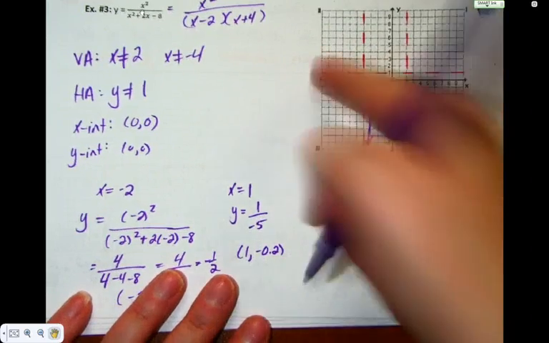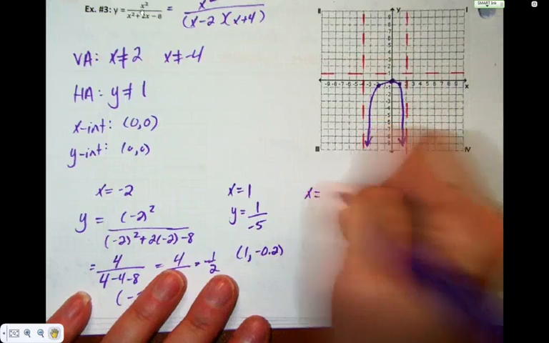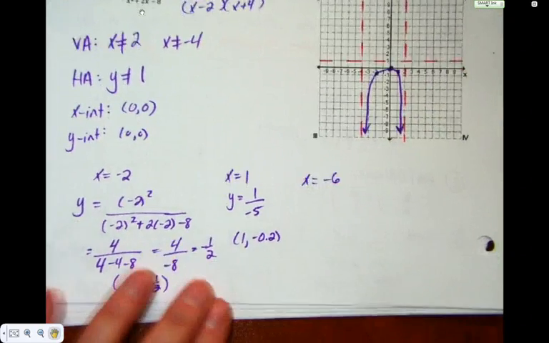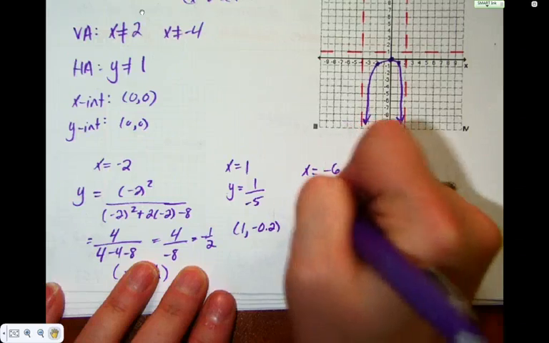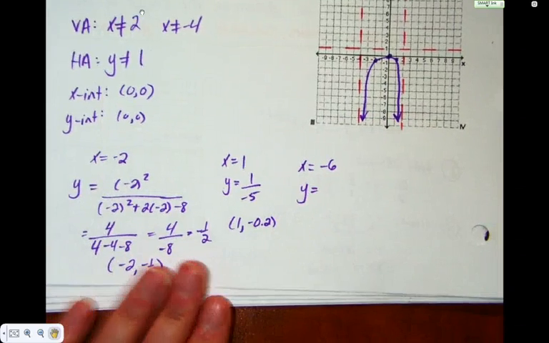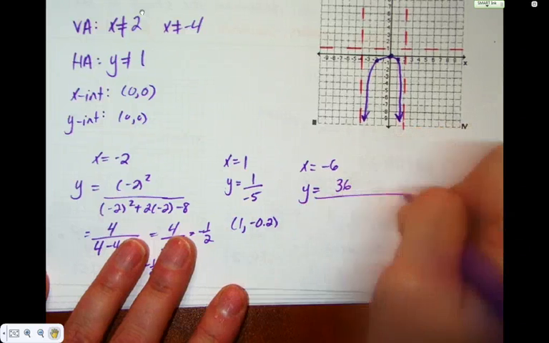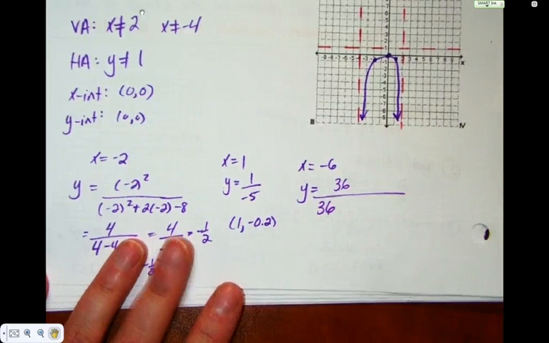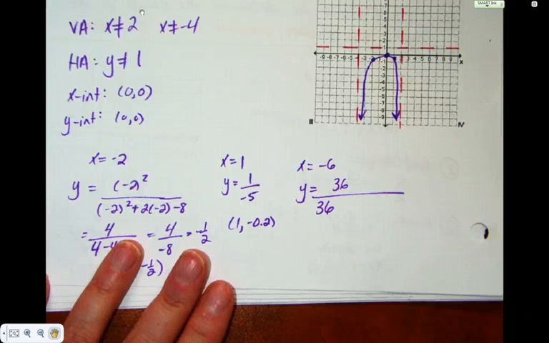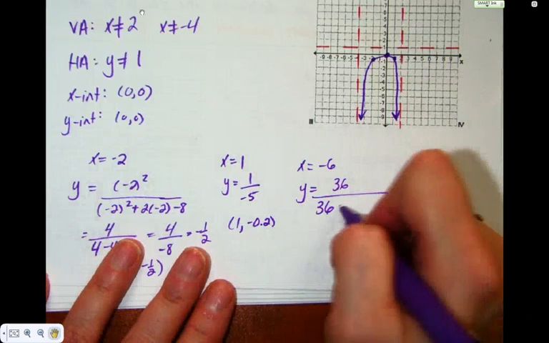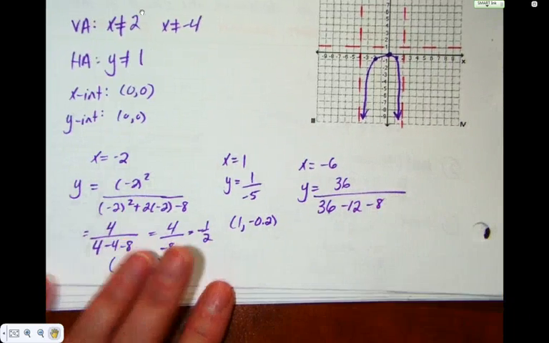6 is on this side. I'm going on the left first. So negative 6 squared on the top, which also gives us a 36 on the bottom. 2 times negative 6. And then we have our negative 8.